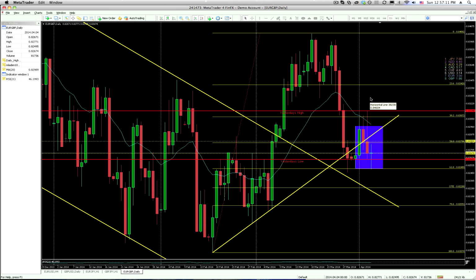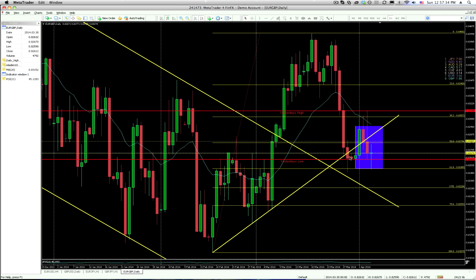So you'll notice there's an extra trend line that comes from this low over here, which is the lowest low over the past few months anyways, up through, and we have one touch, two touches, three touches with a bounce and a retrace, and then price comes back through.